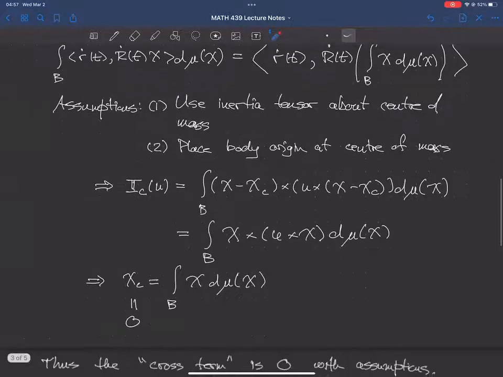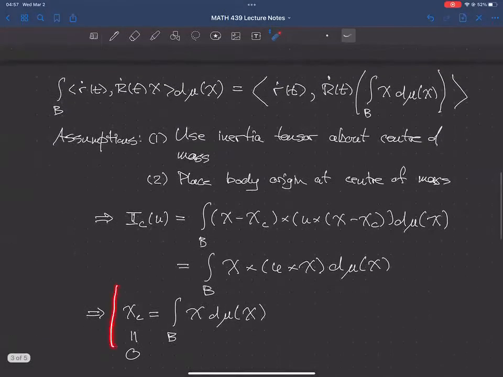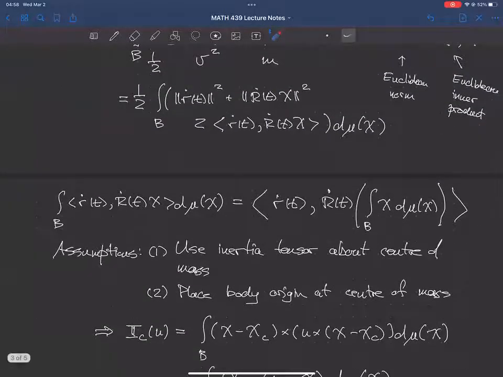The crucial thing was this part of the calculation: the center of mass is 0 in the body frame. So the location of the center of mass is crucial, in that if you place the body frame there, this cross term is equal to 0. That's connected to the validity of summing moments about centers of mass in free body diagrams and balancing forces and torques.